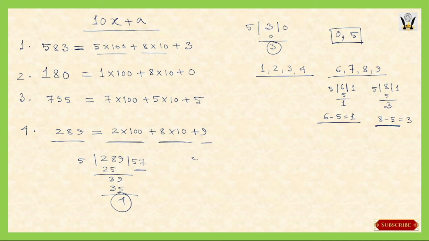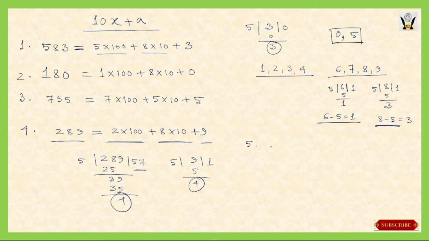And if we divide 9 separately by 5, then again the quotient is 1 and the remainder will be 4. So we can conclude here that for a given number which is not divisible by 5, the remainder of that number will be the same as the remainder if we divide the digit at units place by 5.